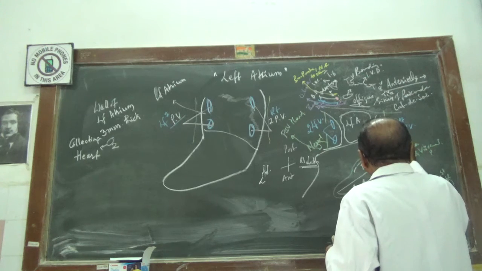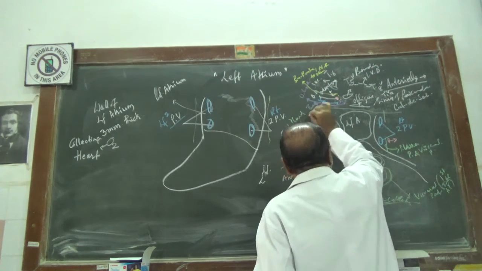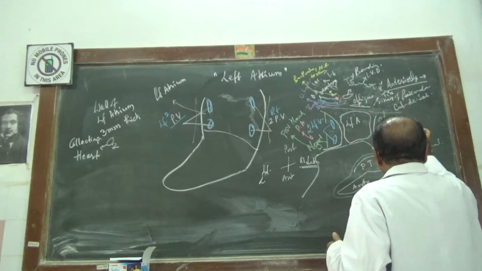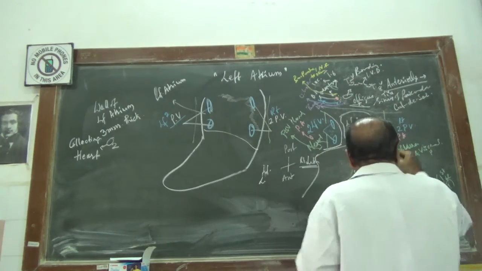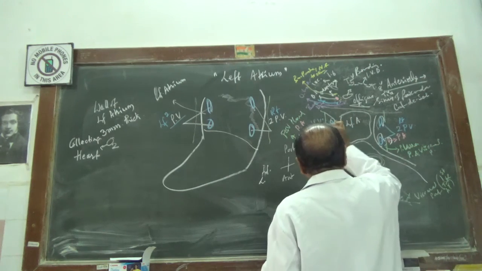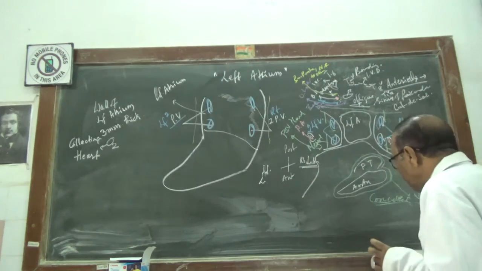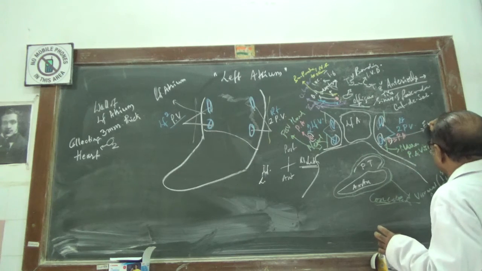Then it is also related to the pulmonary arteries, then the pleura that covers the pulmonary artery and pulmonary veins, they are called the epicardium.